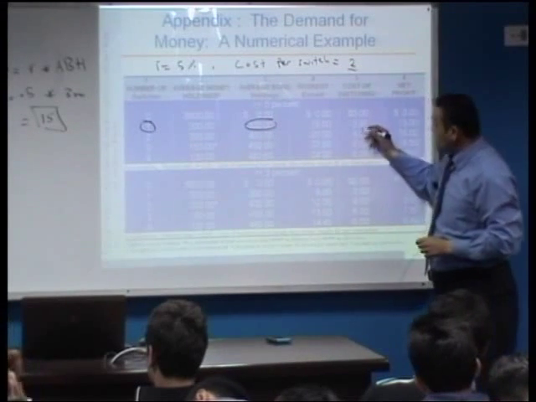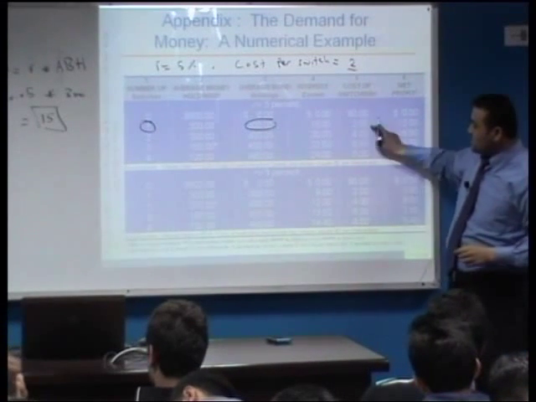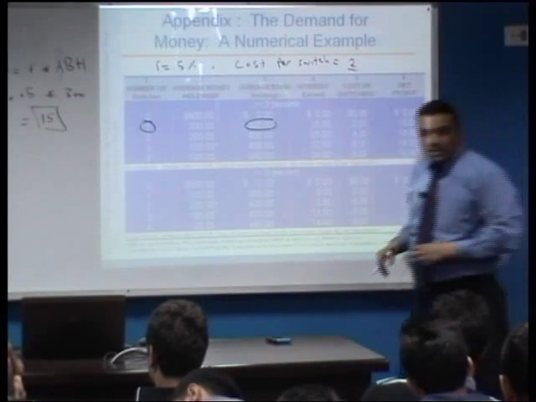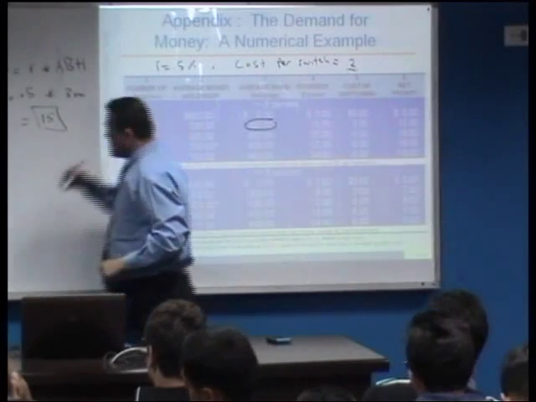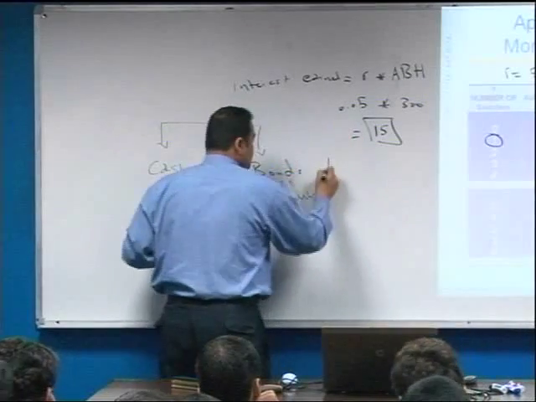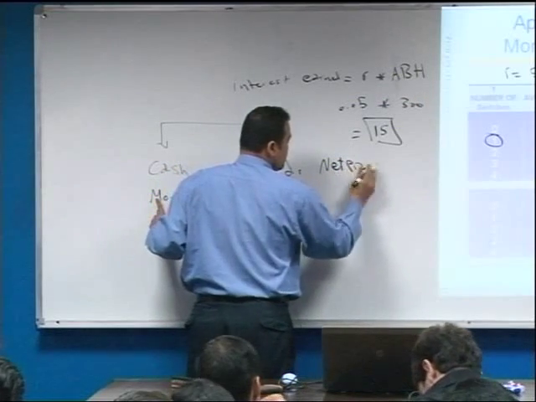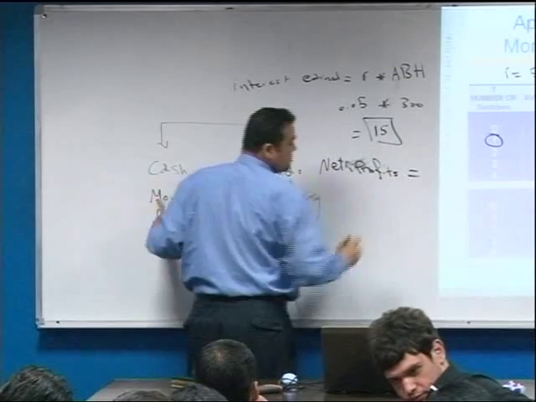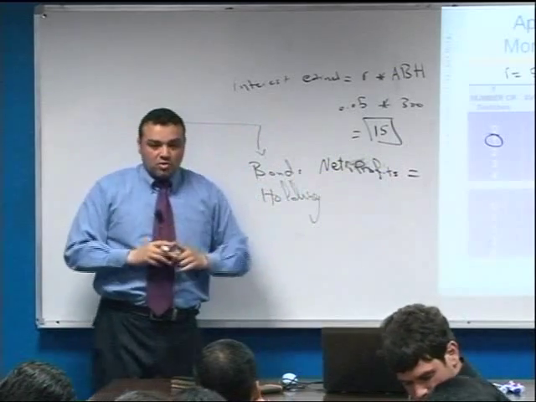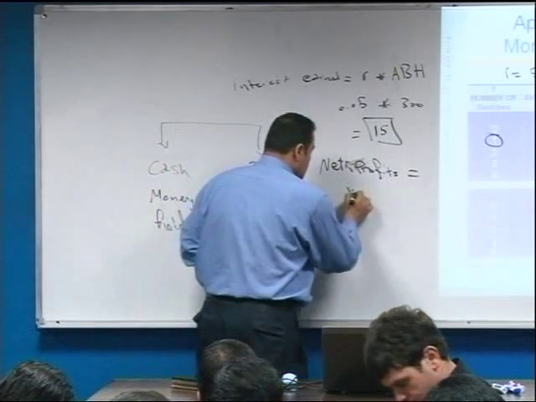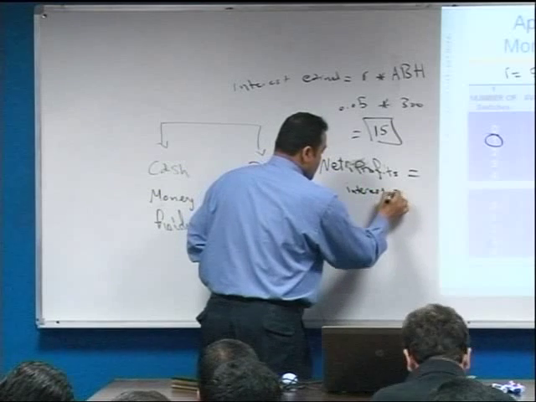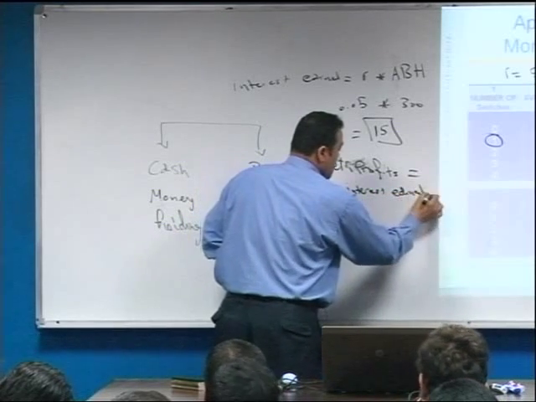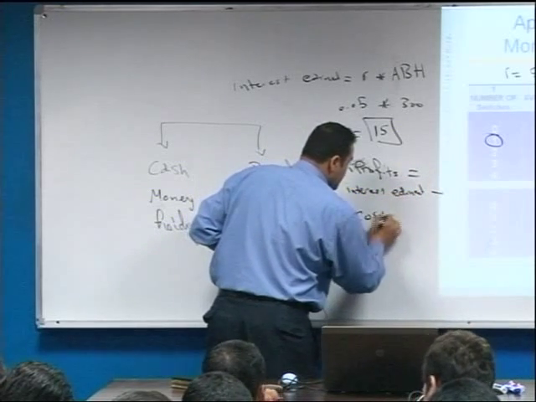The net profit equals the total interest earned minus the cost of switches.